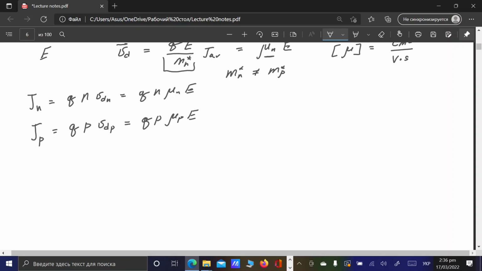Now the total current in the drift, the so-called drift current in the semiconductor, will be the sum of the hole and electron components.